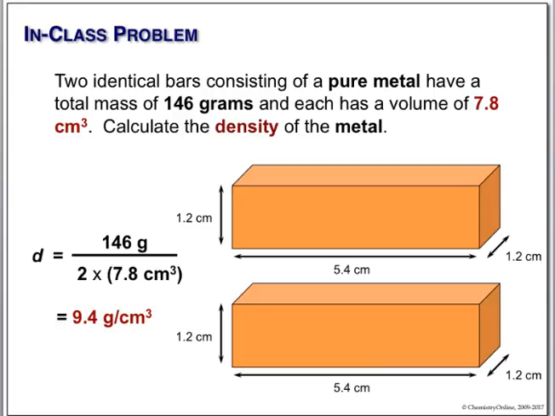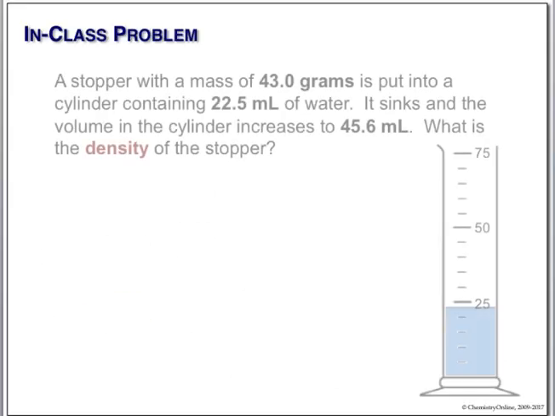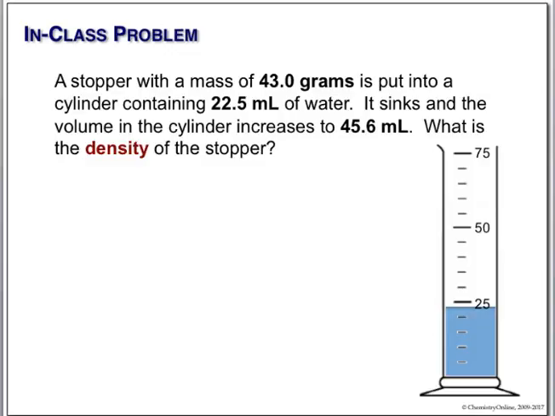All right, we did one more experiment there. We took our little graduated cylinder and we added a stopper. Now, you weighed the stopper and you got some mass. I don't care what it was, you got a mass. We read our volume to start with at our meniscus. We dropped the stopper in, the volume went up and we read it again.